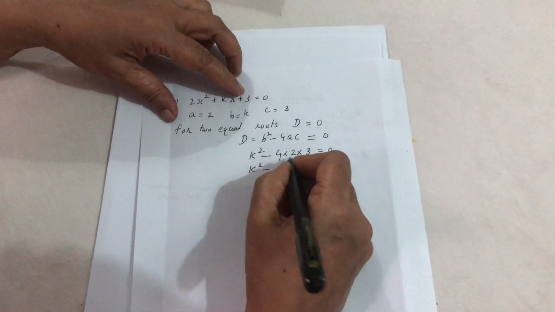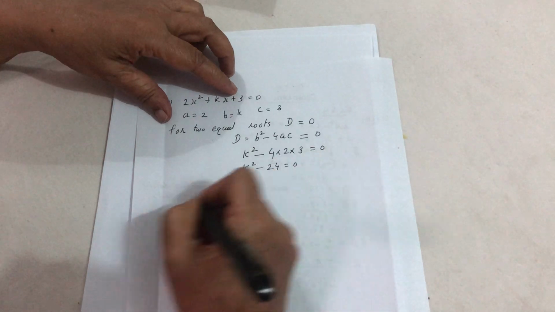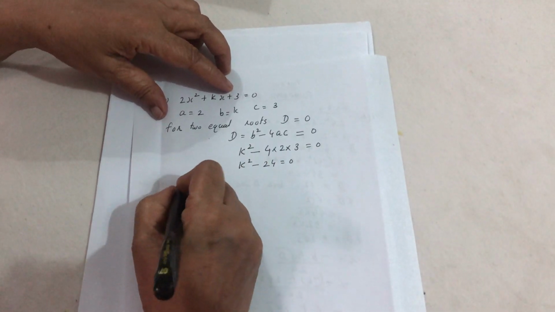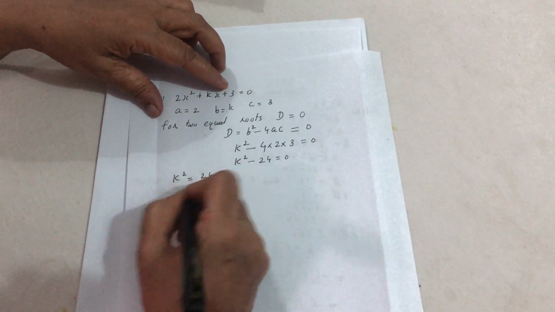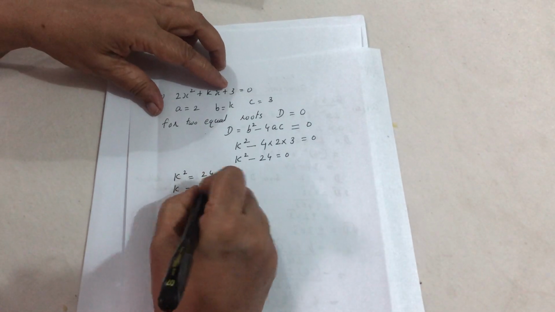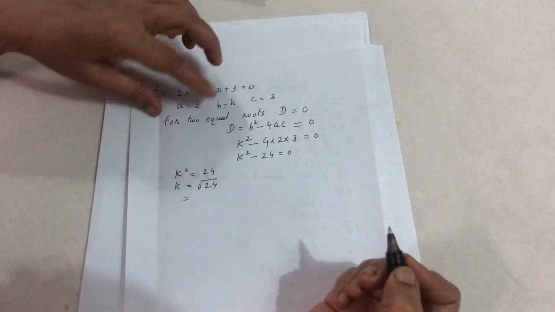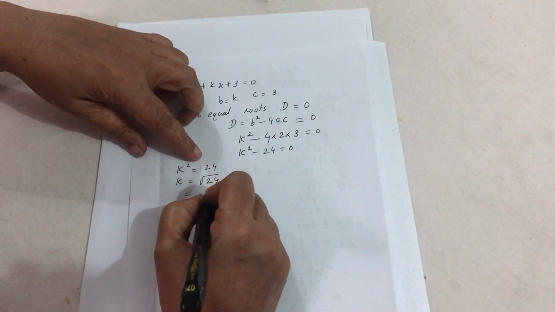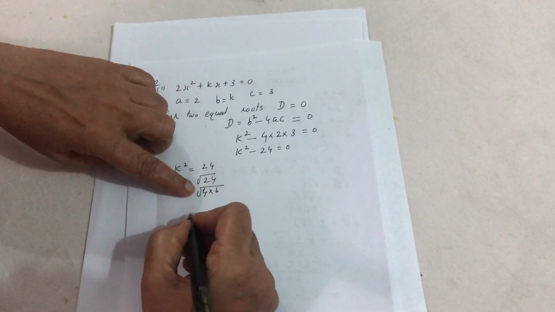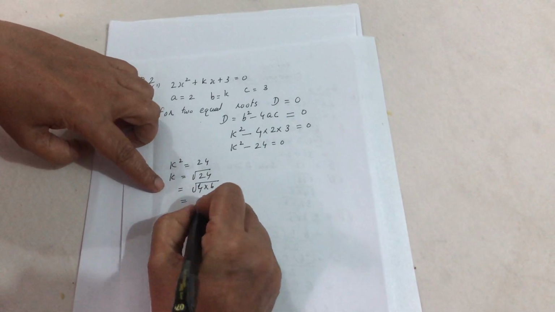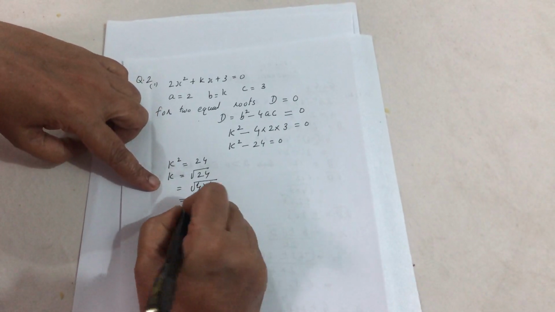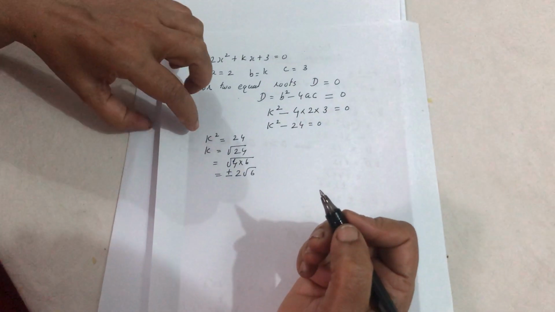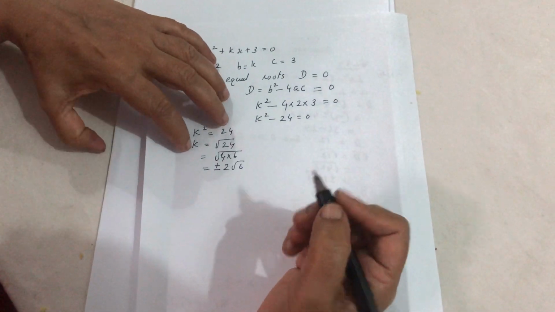K squared minus 24 equal to 0. So k squared is equal to 24. K is equal to root of 24. Root of 24 means 4 into 6, so root 4 is 2, 2 root 6 plus or minus 2 root 6.